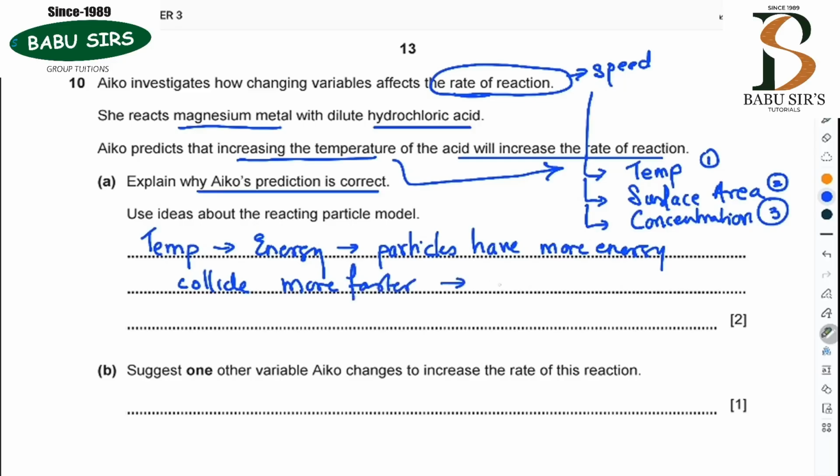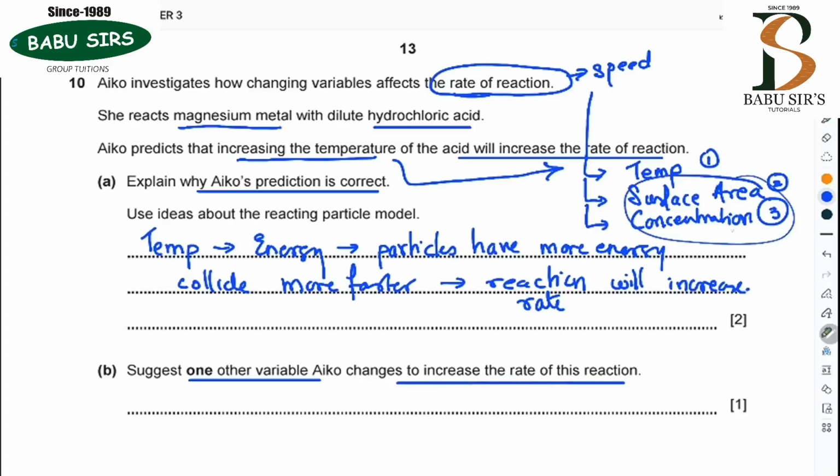And the reaction rate will increase. Now this is the first answer. Second is suggest one other variable that changes the rate of reaction. So I have written both the variables here. You can just copy it down. That is the surface area and the concentration.